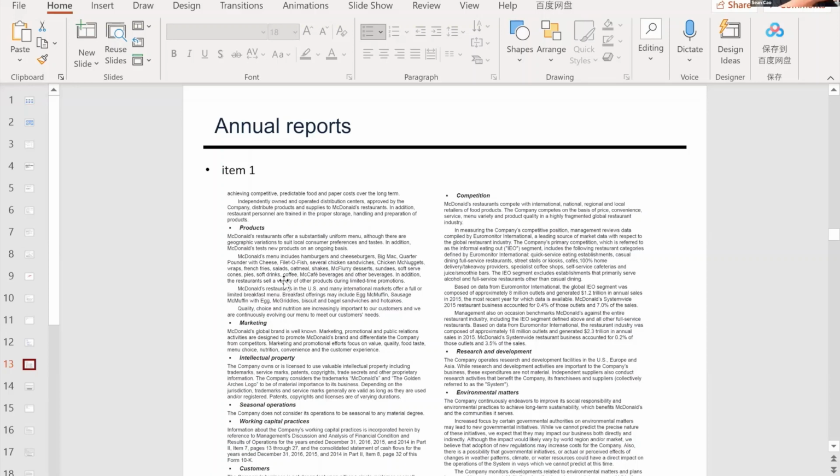Last year they didn't have wraps, but this year they have put the wraps on. So by comparing this year's textual product description with the previous product description, Victor can easily identify the new products McDonald's generated from the 10K report.